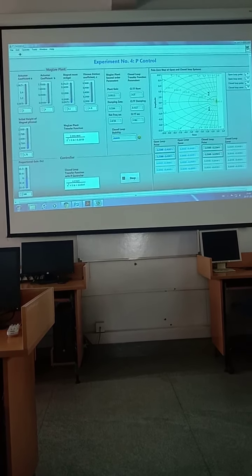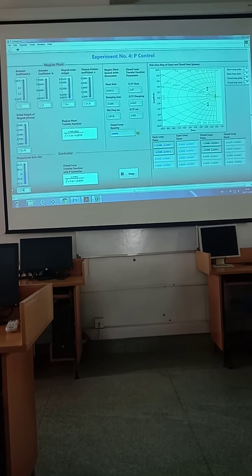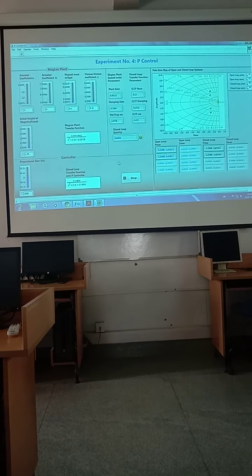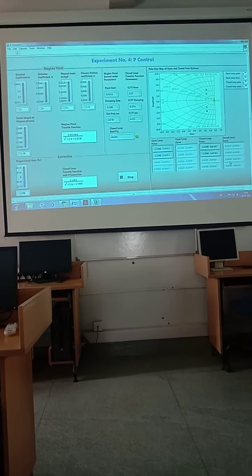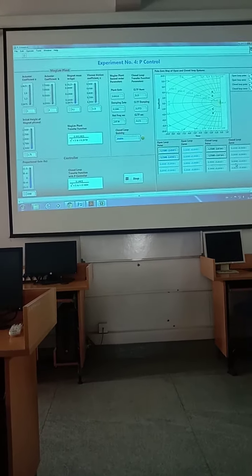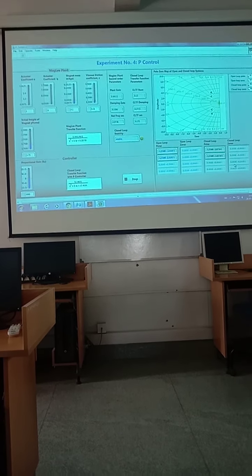Okay. So here, if I keep on increasing the value, what will happen? See, I am going to increase it to 1000. See what is happening? As I keep on increasing the proportional gain value, the closed loop poles are getting away from the negative real axis.